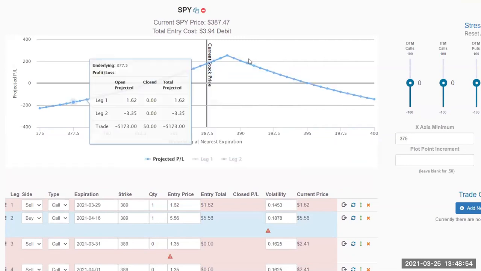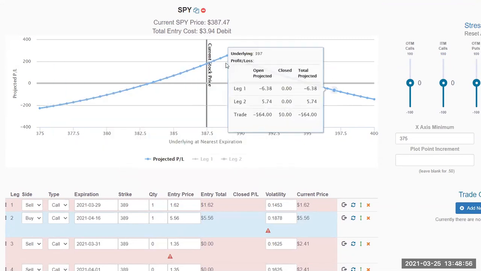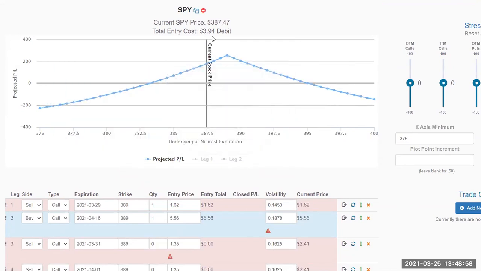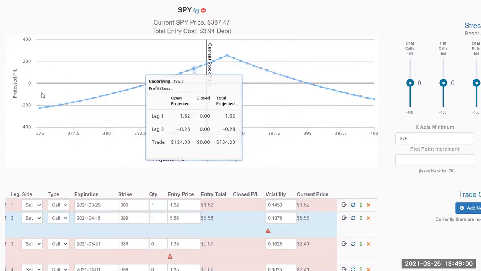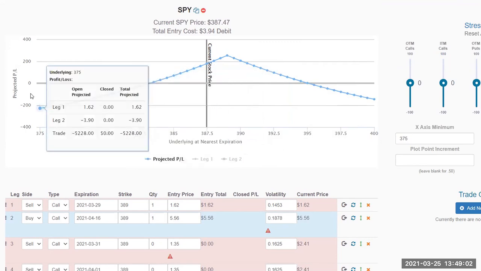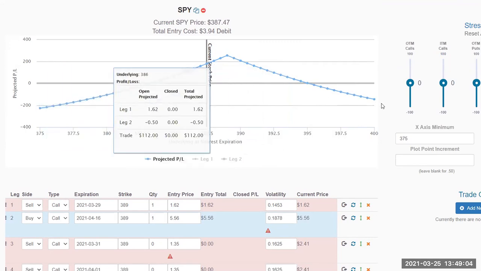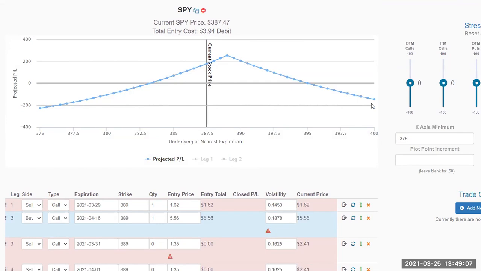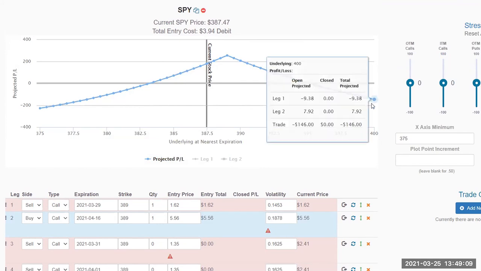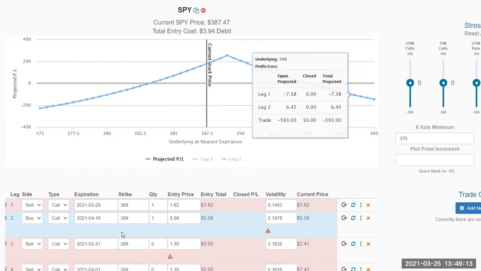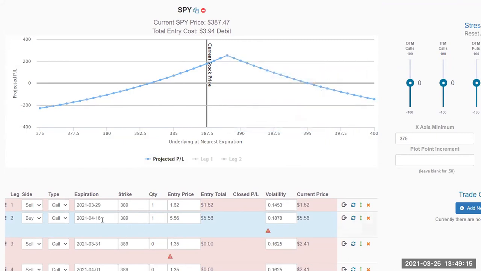So this has risk to the downside, has risk to the upside. The debit is $394. So that is the risk to the downside, a little less than $400. And that is the risk to the upside, a little less than $400. But it has to go so far down so fast that there's no extrinsic value on this option that is about 3 weeks out, not quite 3 weeks out.